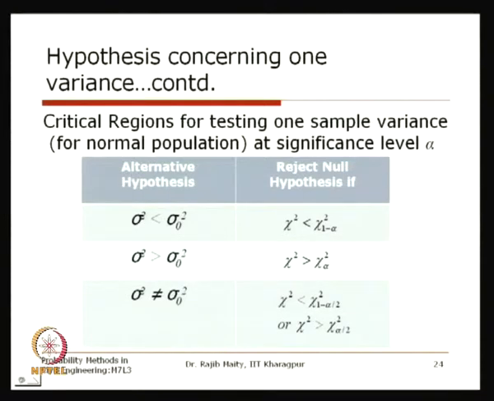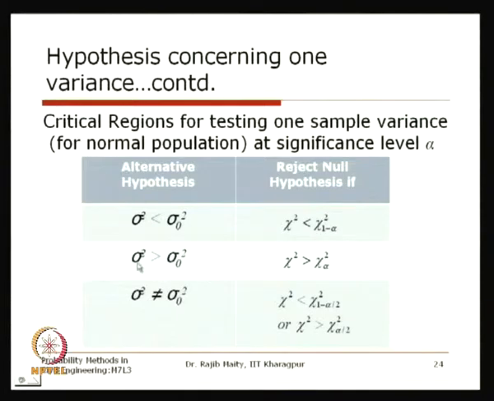Now, the critical region for testing one sample variance, where of course the assumption is that the population from which the sample is drawn has a normal distribution, at the significance level alpha. For a left-sided test, if the statistic, n minus 1 times the sample variance divided by the population variance, is less than the chi-square value at 1 minus alpha of the cumulative distribution, then we should reject the null hypothesis.